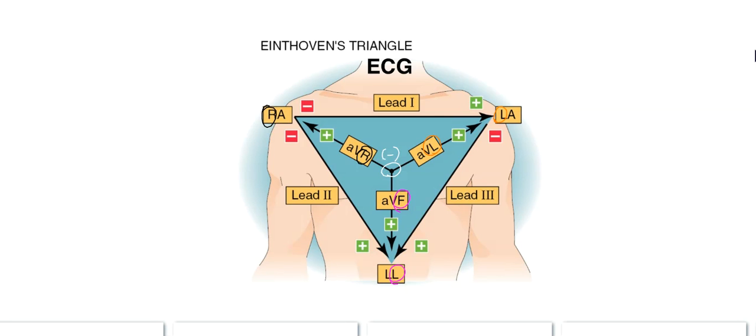from all six of these? Remember the number I told you, the typical average cardiac axis? Roughly 59 to 60 degrees, which makes it lead 2.